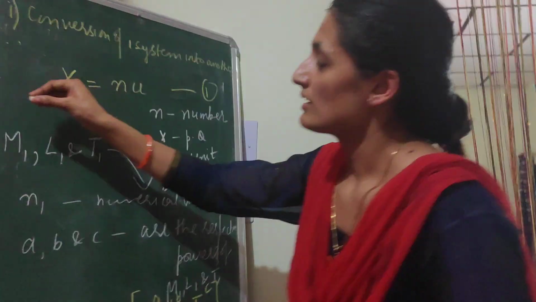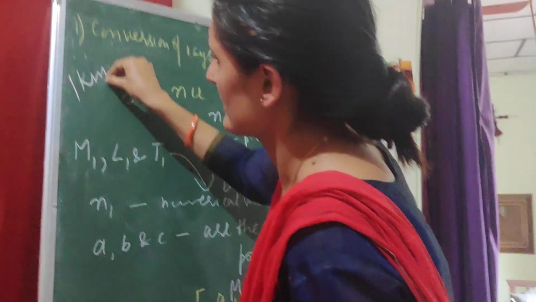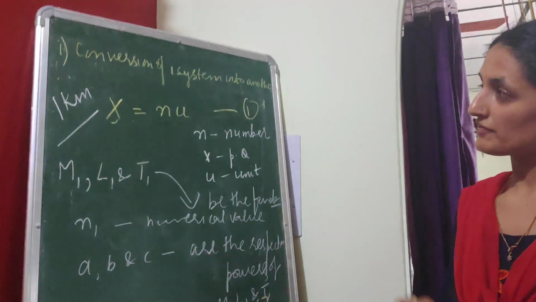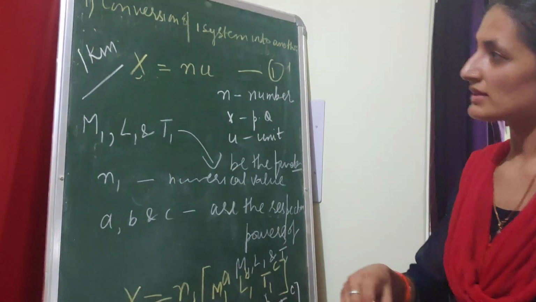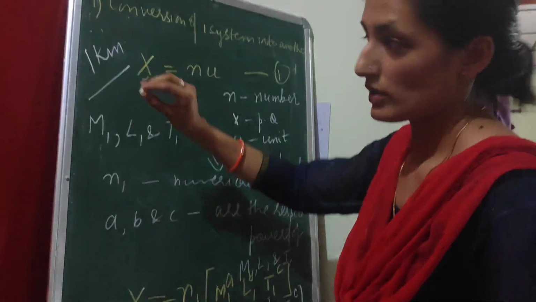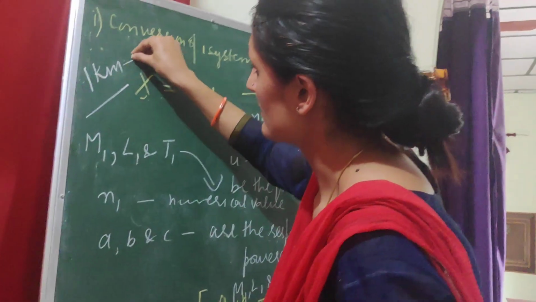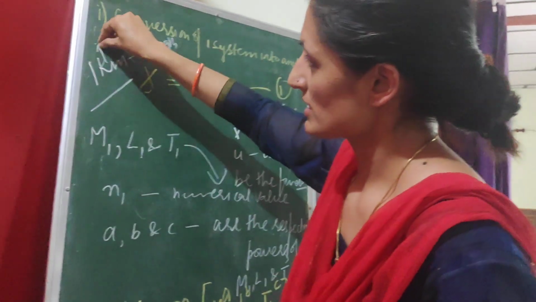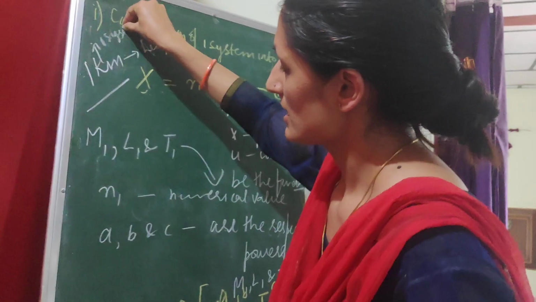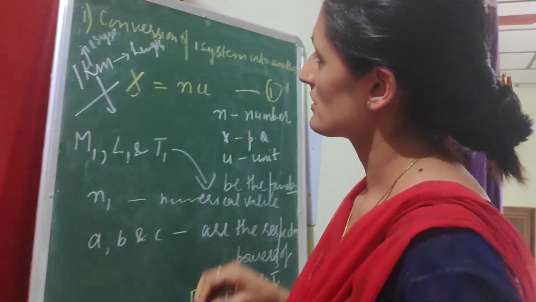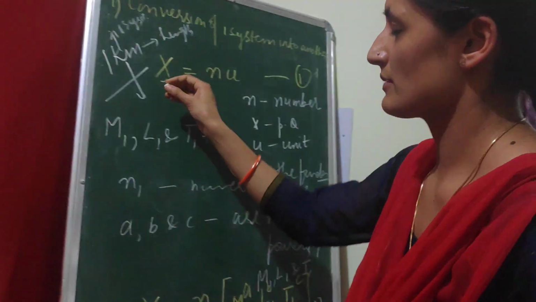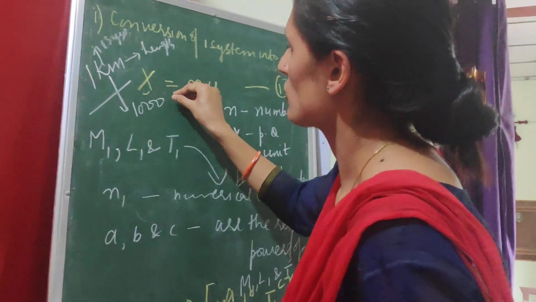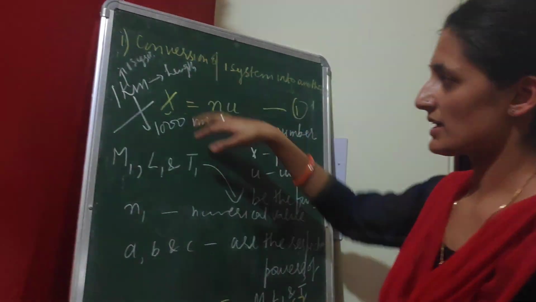For example, 1 kilometer is a physical quantity in one system. Yes or no? And the physical quantity is length. So in the first system it is this. Now if I convert it into the second system, length will remain the same, but it will be 1000 meters. So the physical quantity is the same.